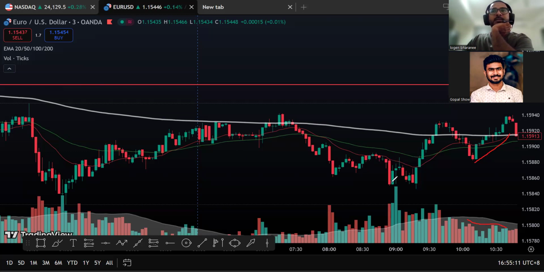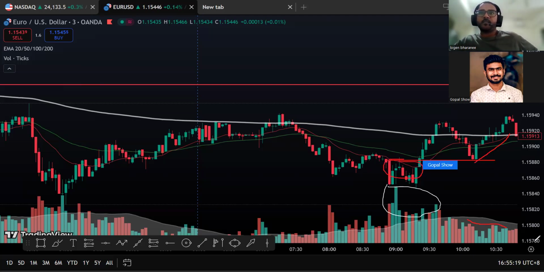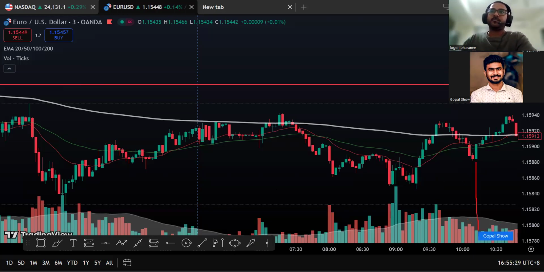They already released, these buyers released from this trap area. But how did they release? They release with no volume. Release doesn't have volume. From this area to this area, there is no volume. If you see, the relative volume is high and there is a low volume. Correct.